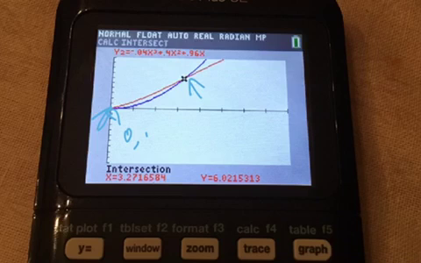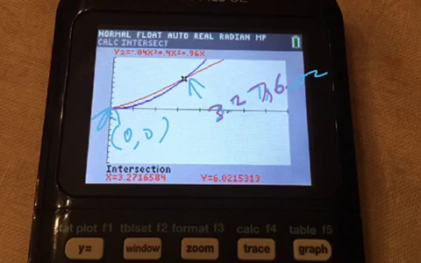Apologize for that. So this value here is 3.27, 6.02. So that tells me that at 3.27, the rates are going to be equal, and obviously at 0.